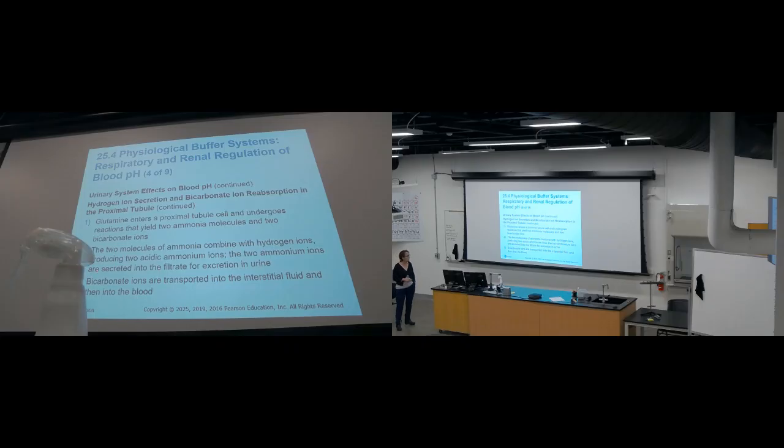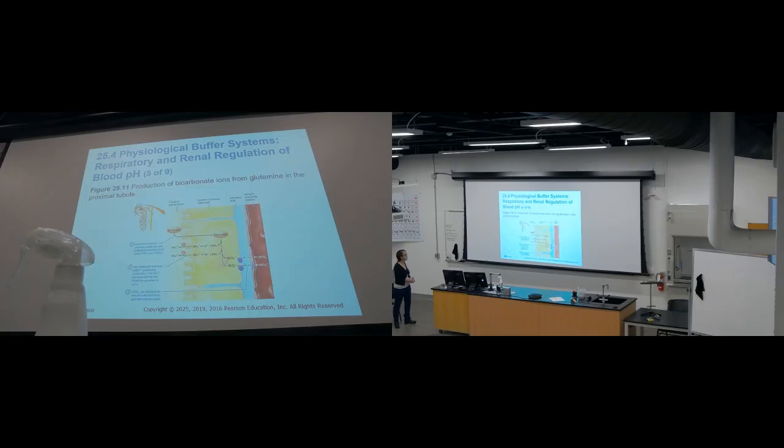And then these ammoniums will be secreted into the filtrate. So the person will have, in this case, a smell of ammonia in their kidneys. And then the bicarbonate ions, once they are produced or reabsorbed, will go from the tubular fluid into interstitial fluid, and then together with sodium will be reabsorbed into the bloodstream so that you can reduce acidosis.